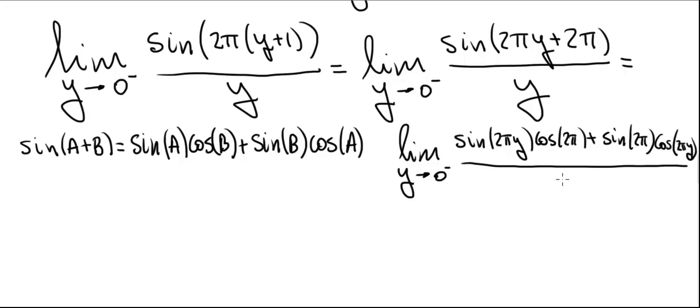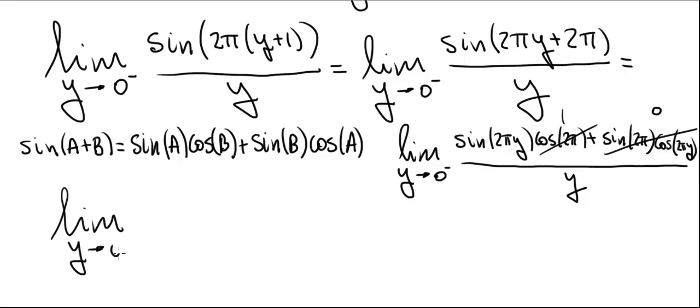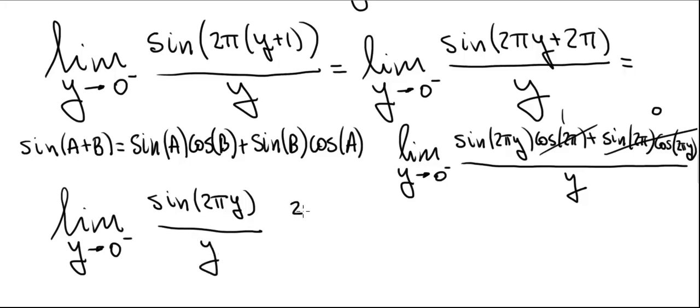Now note that sine of 2 pi is 0, so this part is 0, and cosine of 2 pi is 1. Therefore the limit simplifies to the limit as y approaches 0 from the left of sine of 2 pi y divided by y.